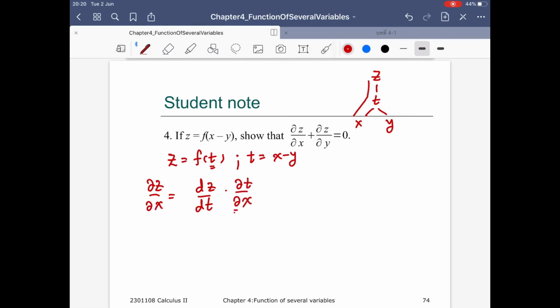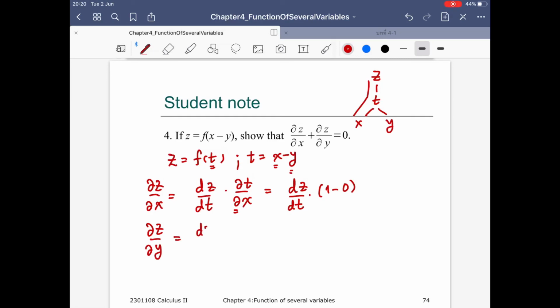We use a curved d because here your t contains 2 variables, so you have nothing to do with the z because we don't know what it is. But your t with respect to x, you got 1 minus 0. How about dz by dy?